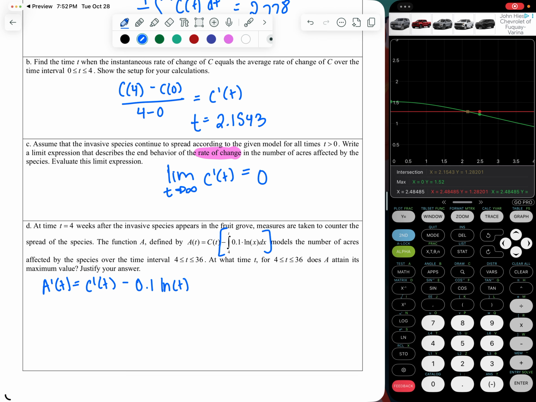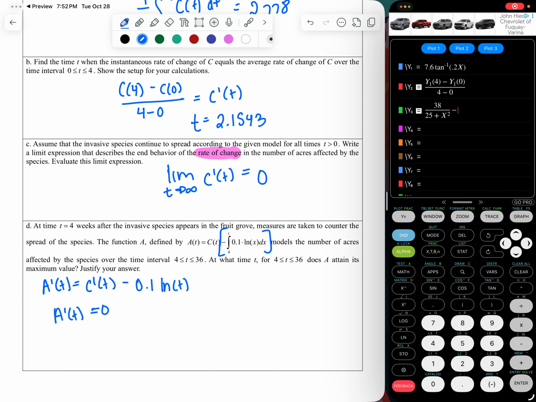We are going to set A prime of t equal to 0. In this case, because I don't need Y3 anymore in terms of this by itself, I'm just going to do that minus 0.1 ln of t. I'm going to go ahead and uncheck this. Oh, well, maybe I needed that.